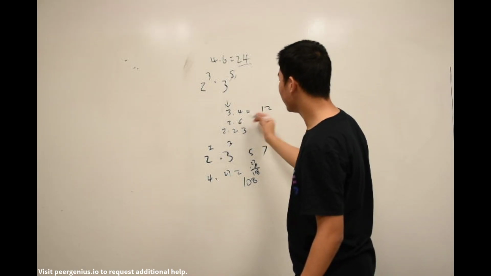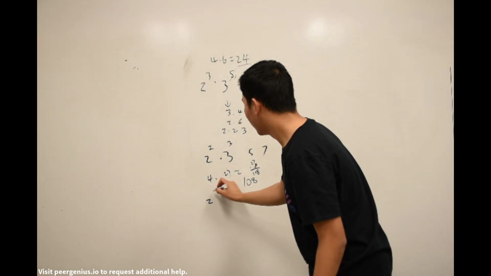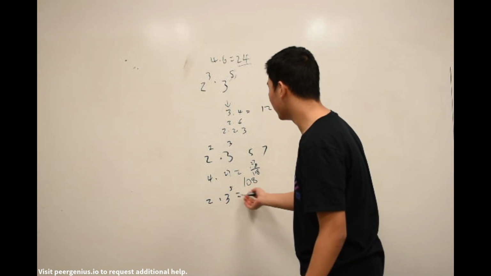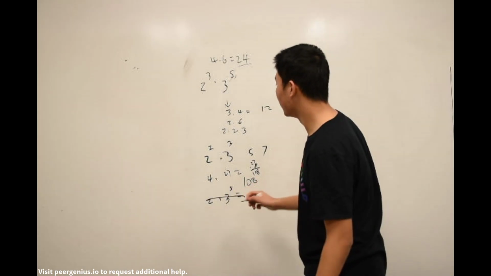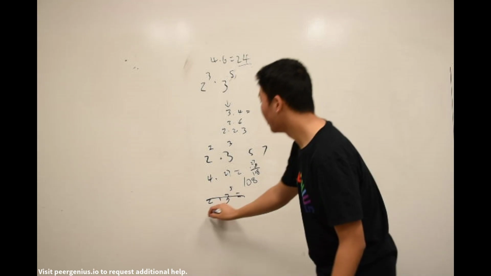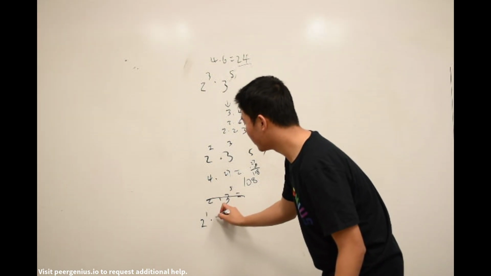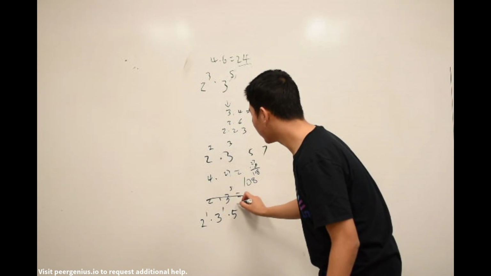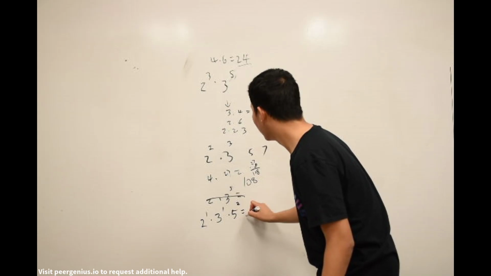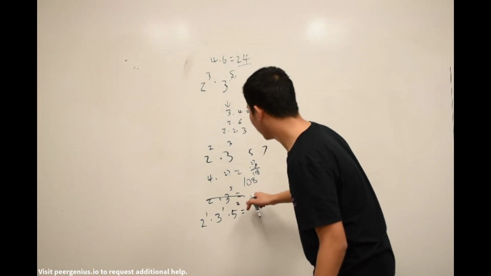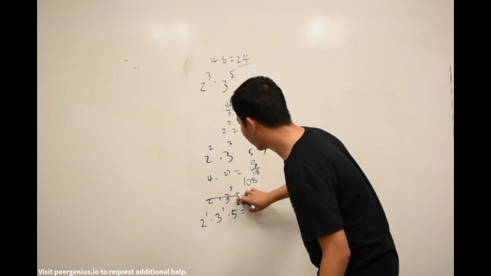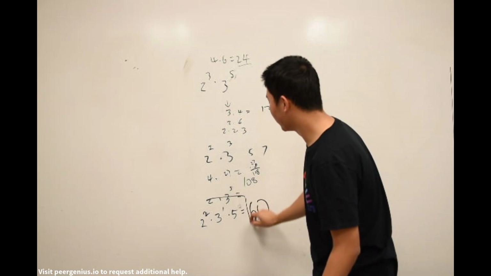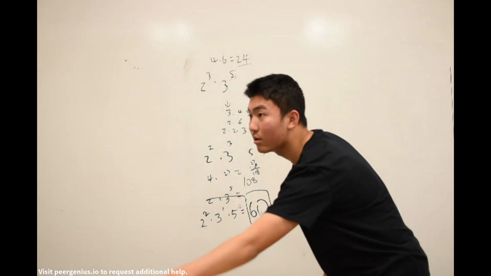Another choice is 2 times 6, so 2 times 3 to the 5th, which would obviously be bigger than this one, so let's cancel it. And for 2 times 2 times 3, we do 2 squared times 3 times 5, and that would be 60. This would be our answer, which is B.